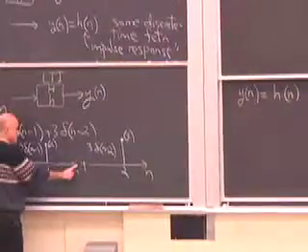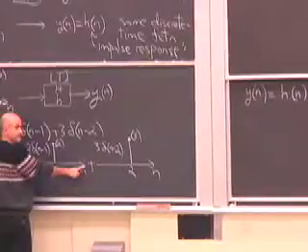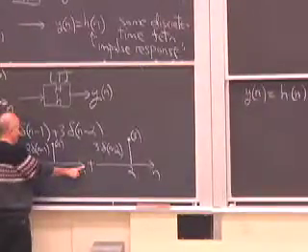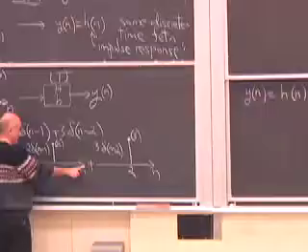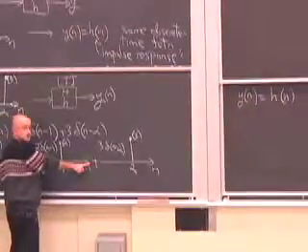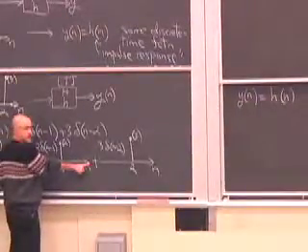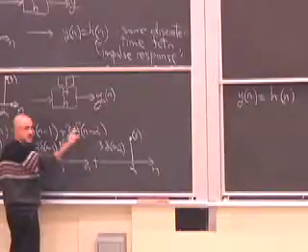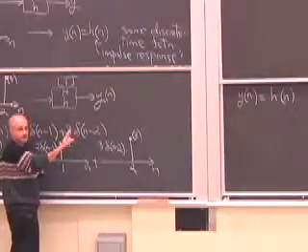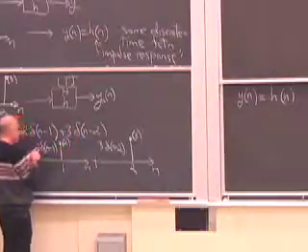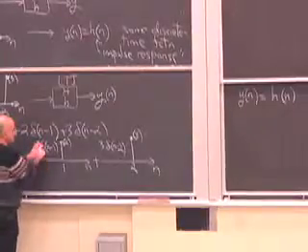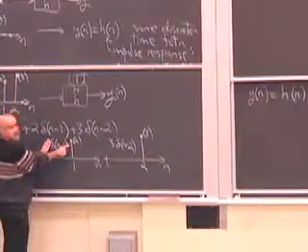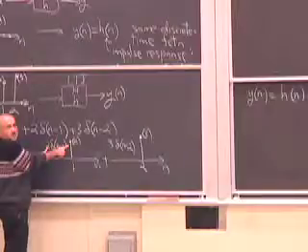What about the response due to this one? Okay, so Andrew says the response due to this is 2 times h of n minus 1. There are two things that he's using here. One is the fact that you can scale whatever the response is due to this delta n minus 1, the shifted impulse, by 2. What property of the system are we using to do that? Linearity.